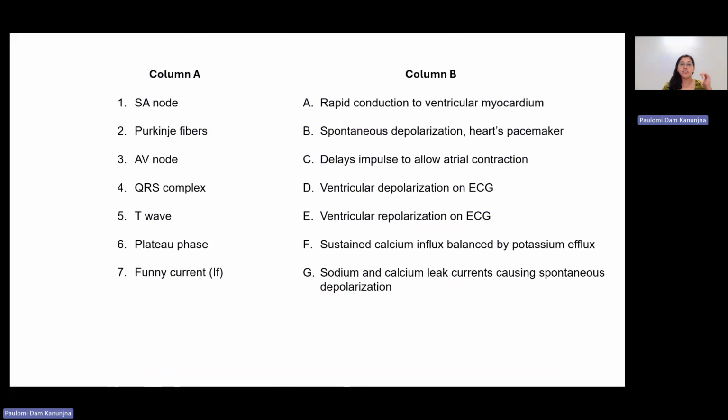You have some terms in column A and the respective answers in column B. Which ones do you think are correct? Since I can only give you 10 seconds for these, I will read out the answers.